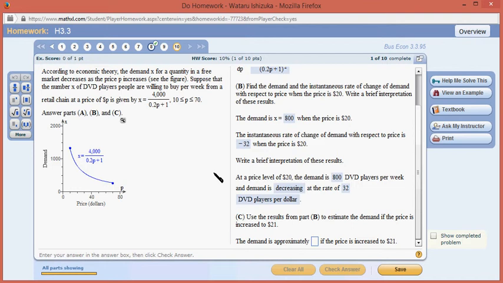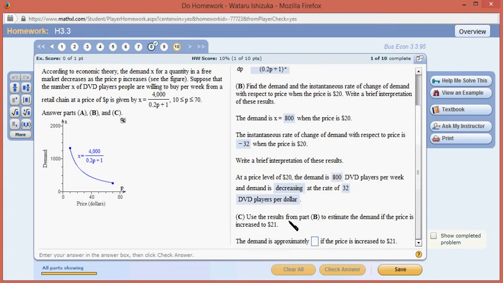Then use the result of part B to estimate the demand if the price is increased to 21. The demand is going to decrease by 32 DVD players per dollar. Originally at 20 you have 800.